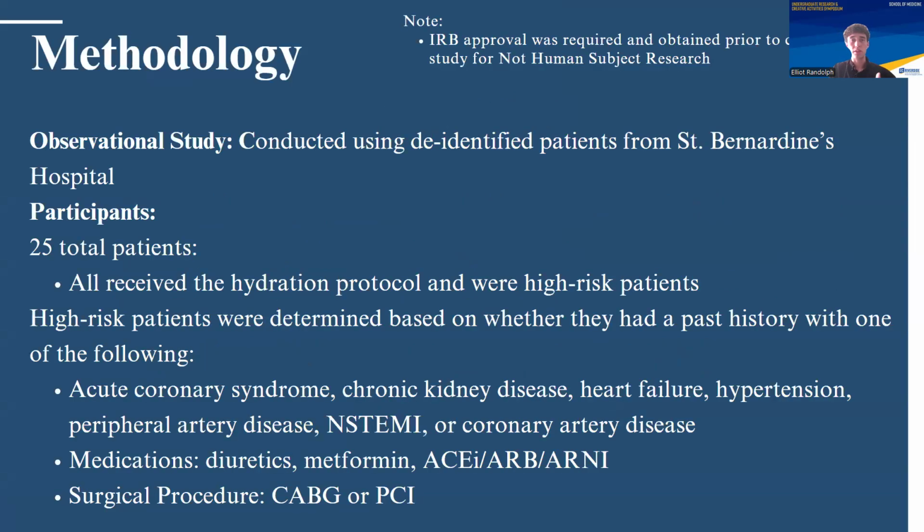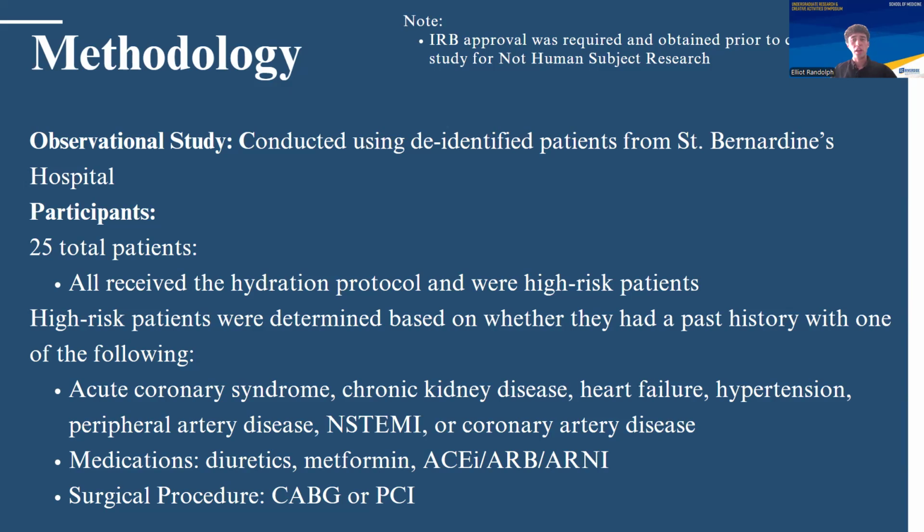So for our methodology, this research study was an observational study conducted using de-identified patients from St. Bernardine's Hospital. And so prior to getting to work on this research, it was approved by the IRB for not human subject research.